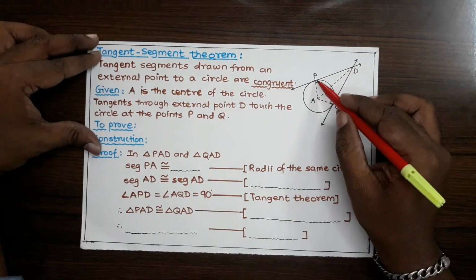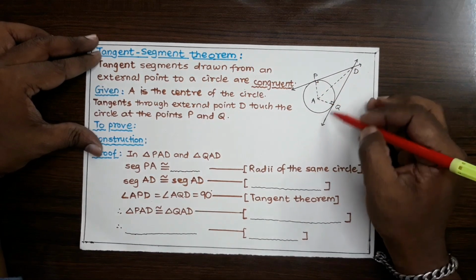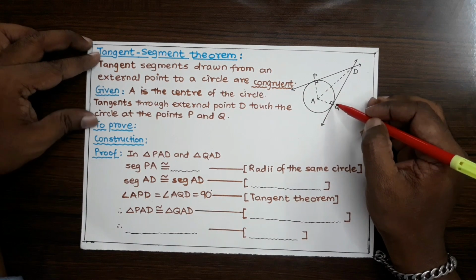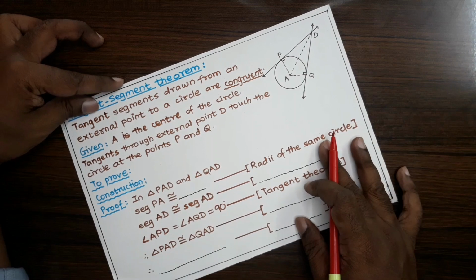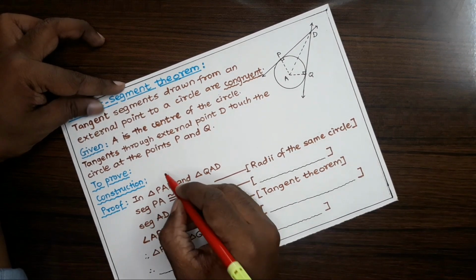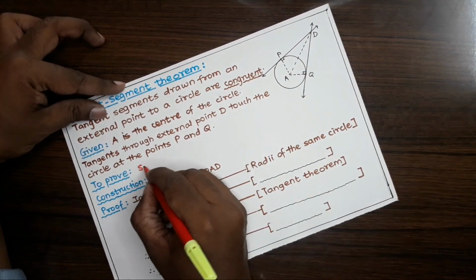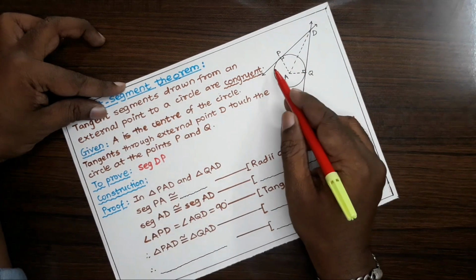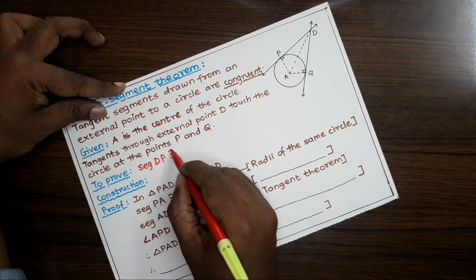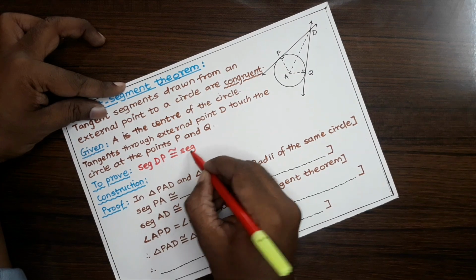One tangent is touching the circle at point P and the other tangent is touching the circle at point Q. Now, what do we have to prove? We have to show that segment DP, that is the first tangent segment, is congruent with segment DQ.